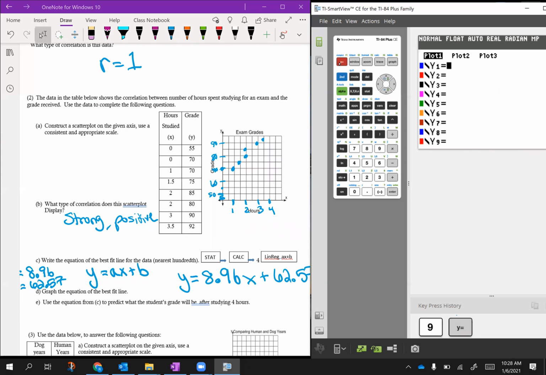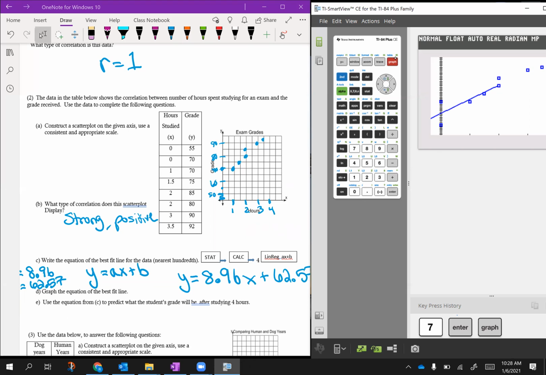Then in our y equals, we could type in 8.96x plus 62.57. Let's see if it'll graph. It plops it right through there, so that was good. You just change your color maybe and draw it right through. It hits the center around 60, a little bit above.